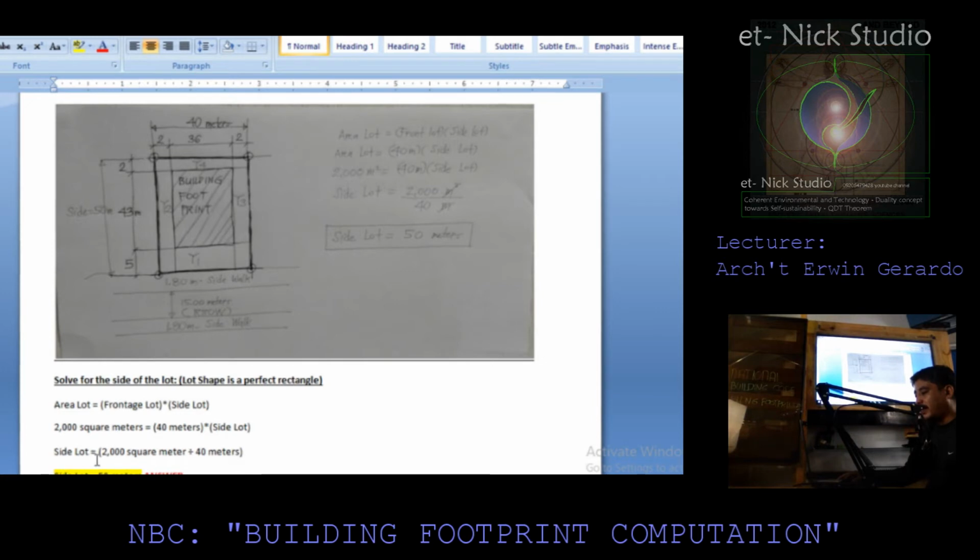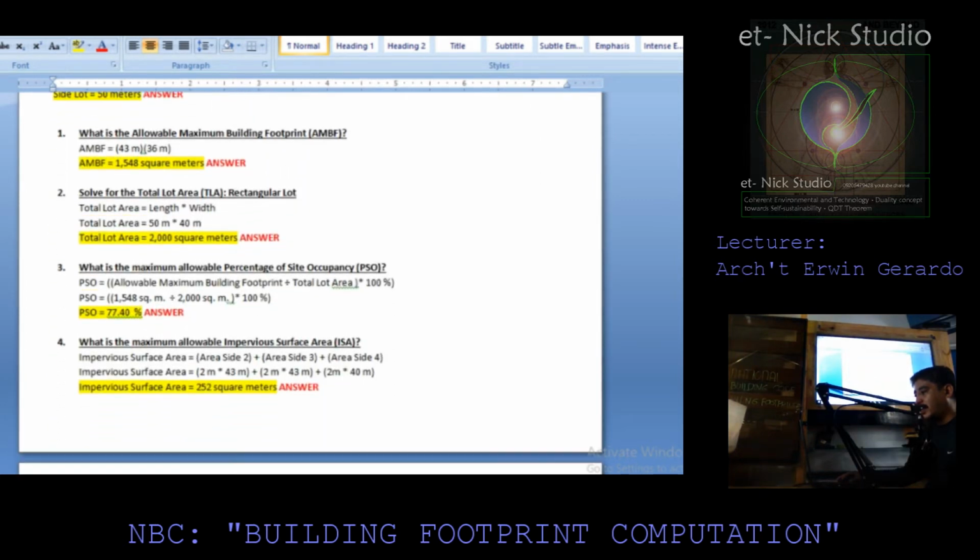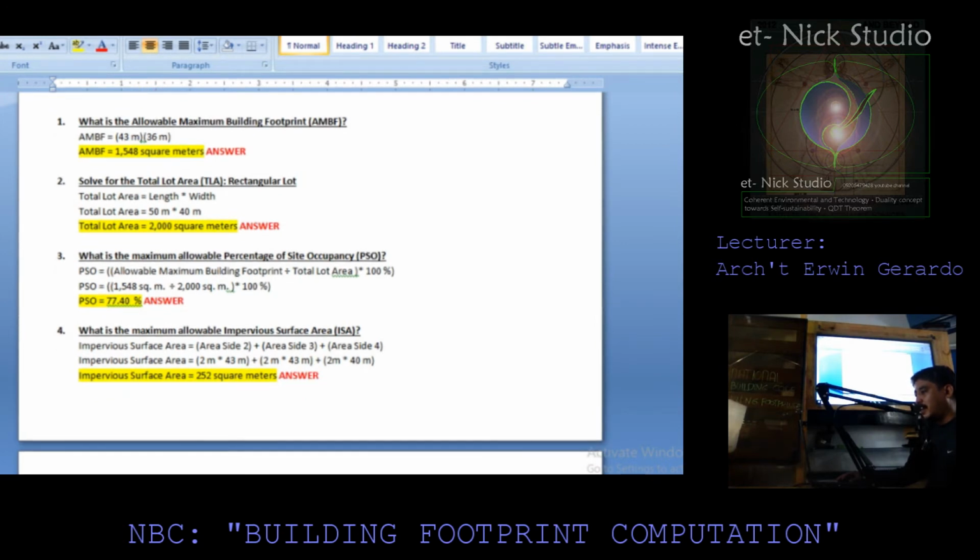So therefore, the side of the lot is equivalent to 2,000 square meters divided by 40 meters, which is equivalent to 50 meters. So this is already the answer for the unknown. So what is the allowable maximum building footprint, which is abbreviated as AMBF? So the AMBF equals 43 meters.